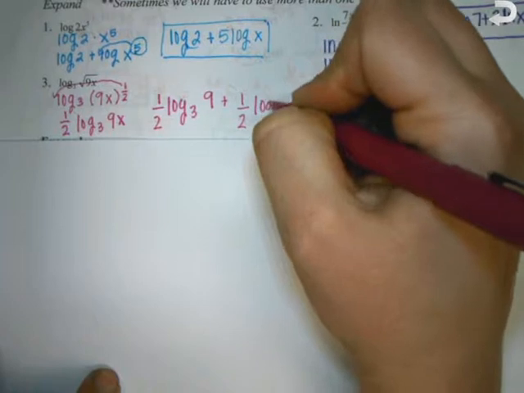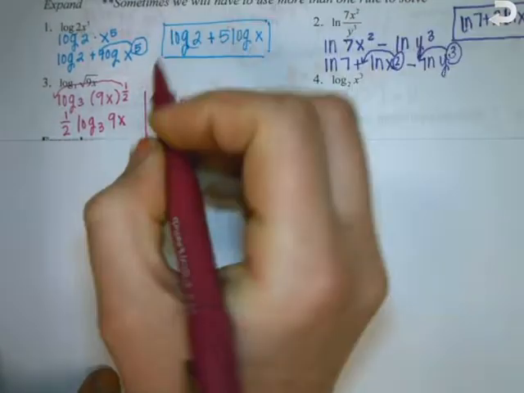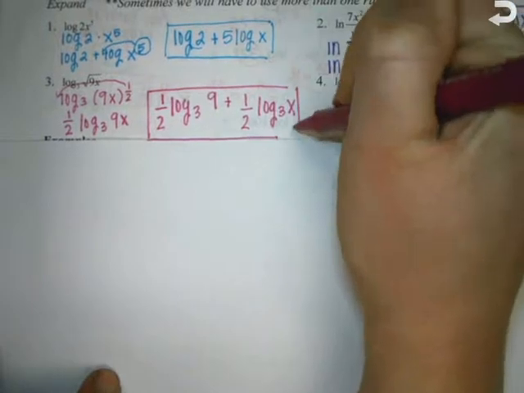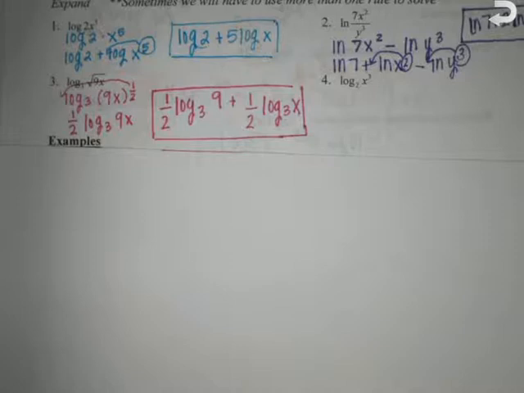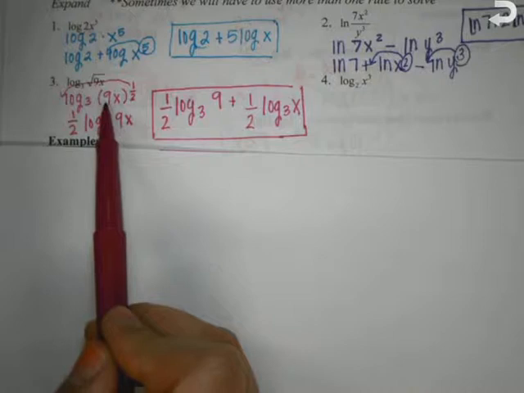So you need to make sure that you take the 1/2 with it when you split it up. Both of those logs need to be multiplied by 1/2 because we're taking the square root of 9 and the square root of x. So that 1/2 is actually attached to both of them.